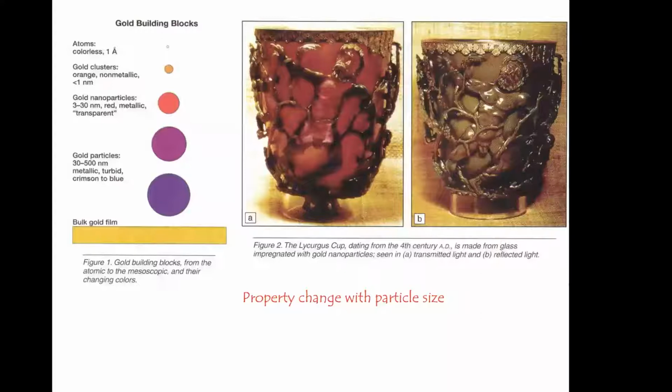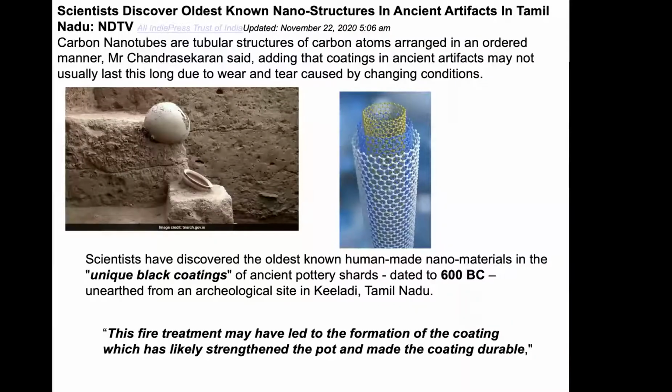Now, there is another very recent report from Tamil Nadu. This basically came in NDTV, and later it was mentioned in many other newspapers. Very ancient pots dated to 600 BC were unearthed, and they found very interesting carbon coatings on these, still existing.